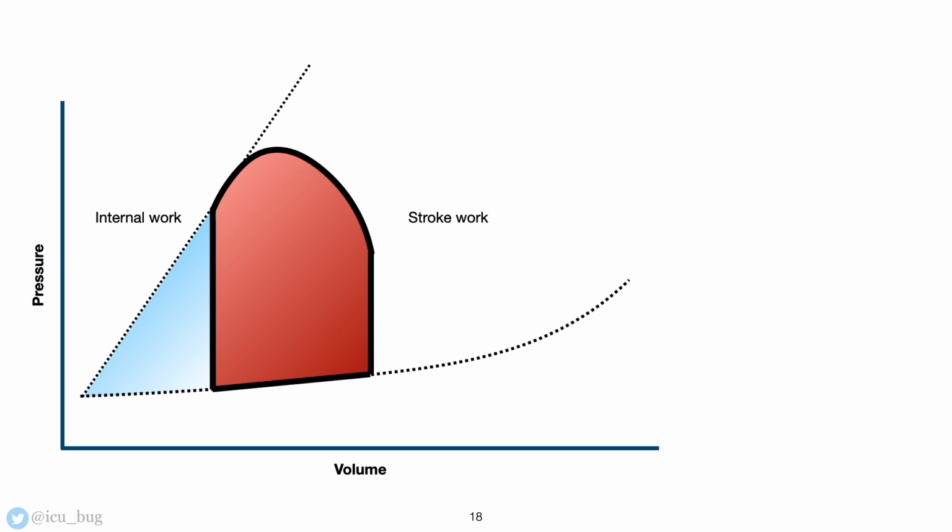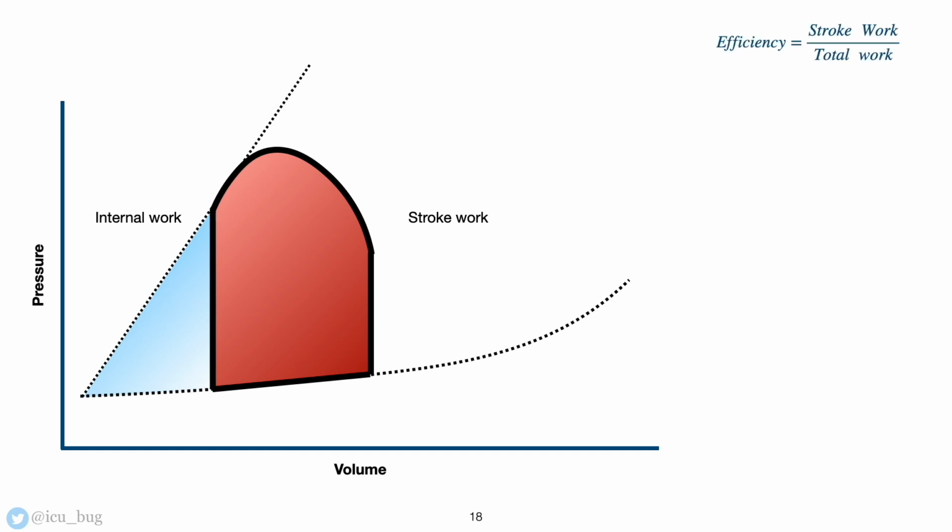However, in case of a normally ejecting ventricle, a part of this work translates into the stroke work, that is the energy spent in generating the stroke volume, and the rest of it is the internal work which is converted to potential energy or dissipated as heat.